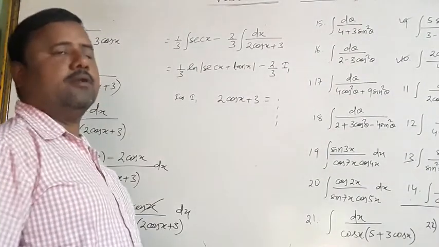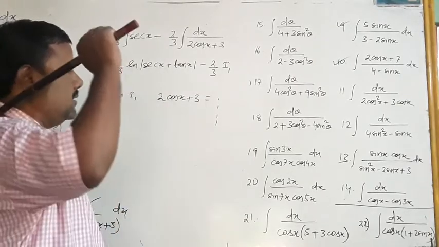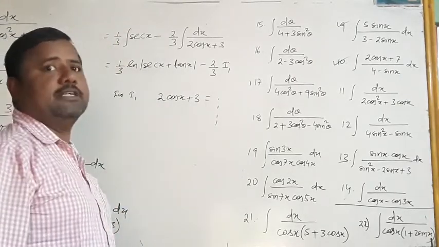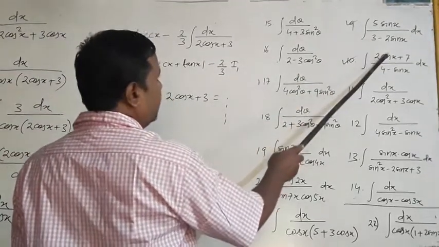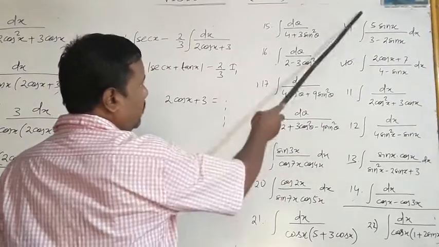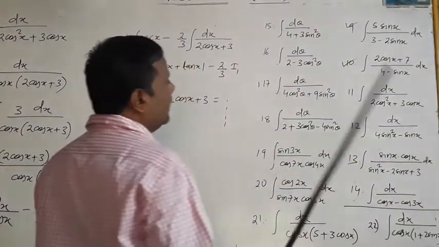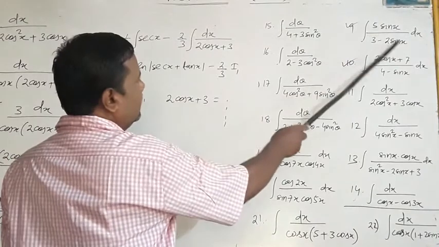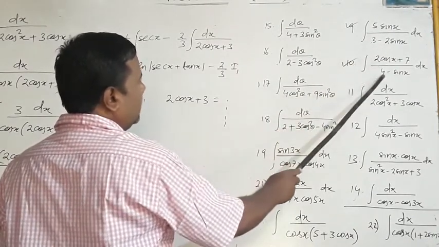For the exam point of view, these problems are very, very important. This chapter is 98% important. Look at the difference so that you can do it in your exam. Here, numerator sin, denominator sin. Numerator cos, denominator sin.